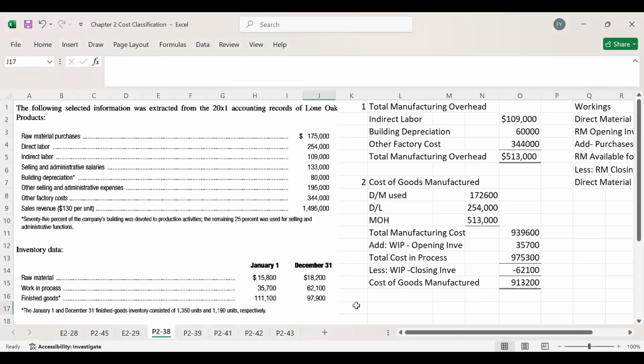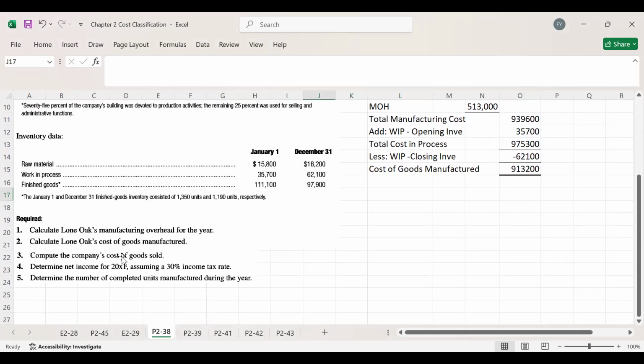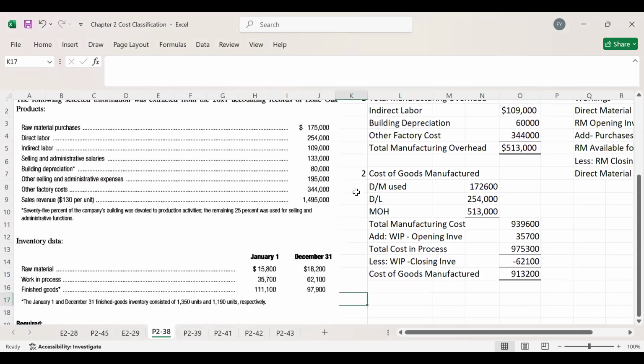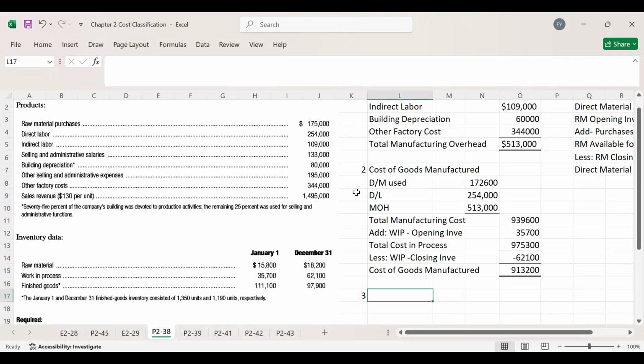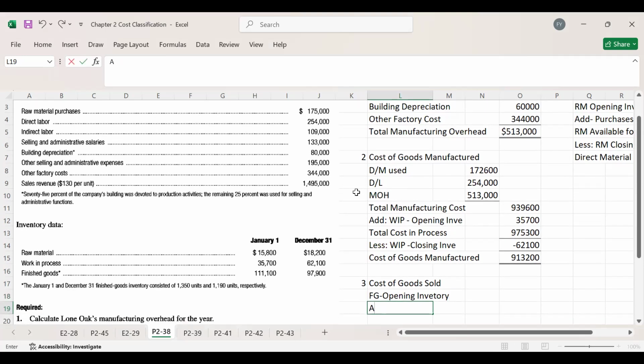The requirement number 3 is to compute cost of goods sold. So now in requirement number 3, we are going to calculate cost of goods sold. In cost of goods sold, we use the third type of inventory, which is finished goods inventory. So here we have finished goods opening inventory. We add cost of goods manufactured.